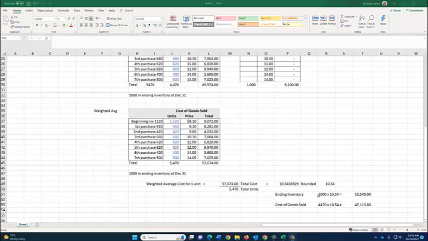So we need to find the cost of 1,000 units. So to do that, just take 1,000 and multiply it by $10.54, and we'll get $10,540 for our ending inventory.